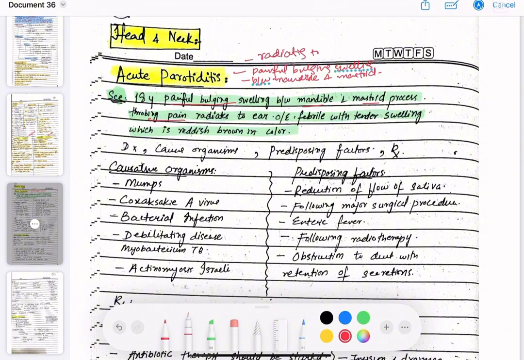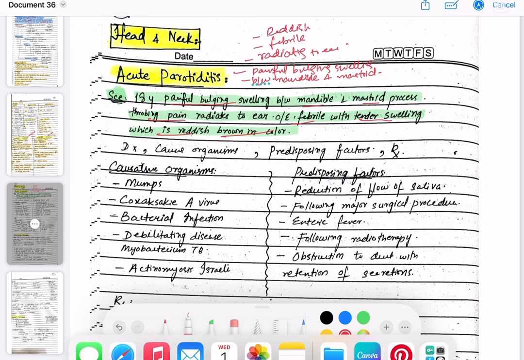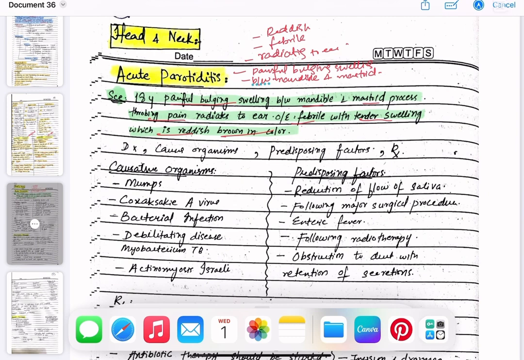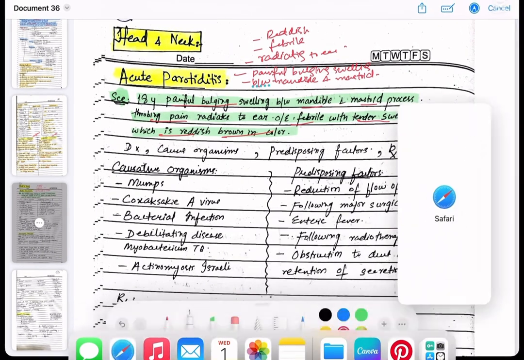Also, the patient is febrile on examination, and has tender swelling which is reddish brown in color. So for parotid gland inflammation, parotitis is present, and these are the features.